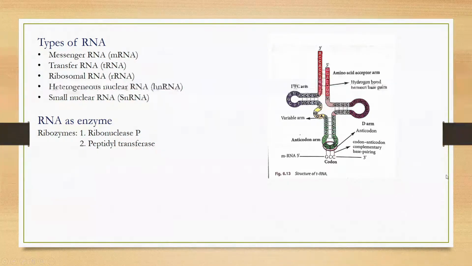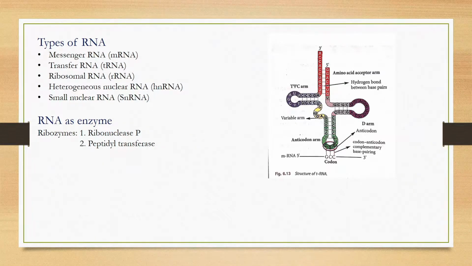Other types of RNA we have mentioned: hnRNA, heterogeneous nuclear RNA, which is actually the primary transcript of the mRNA synthesized from the template strand of DNA. This is very large in size. hnRNA undergoes post-transcriptional modification in the nucleus and is processed into mature mRNA, which then enters the cytoplasm to serve as template for protein synthesis.